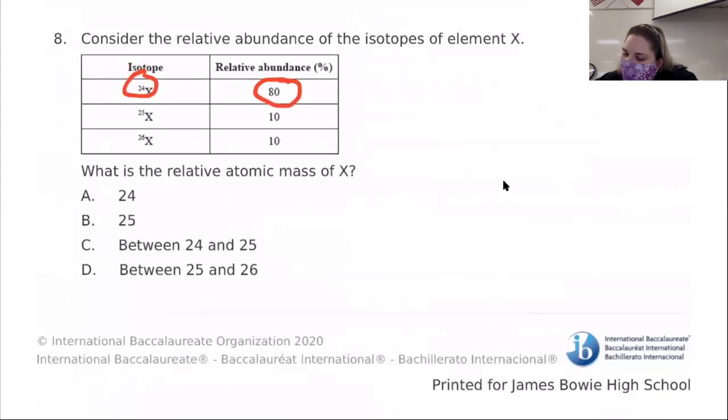And so this is where you're kind of using your logic, okay? It's definitely not going to be exactly 24 or 25 because we have other percents affecting it. We have that 26, so that's going to bring it up a little bit. But do you think it's going to be between 24 and 25 or between 25 and 26 based on the percentages they gave us?